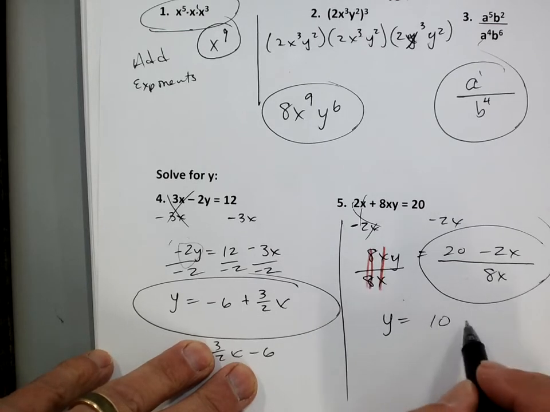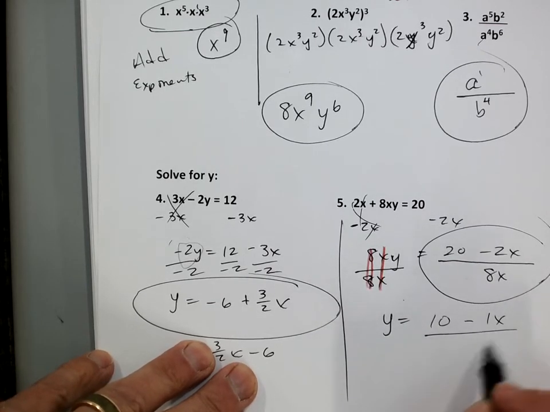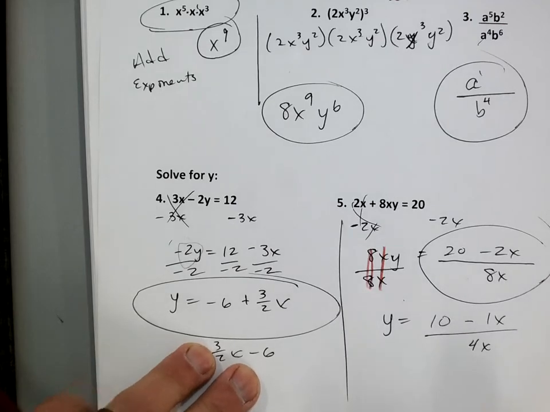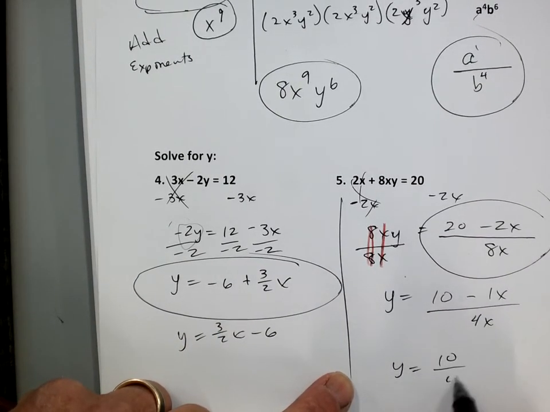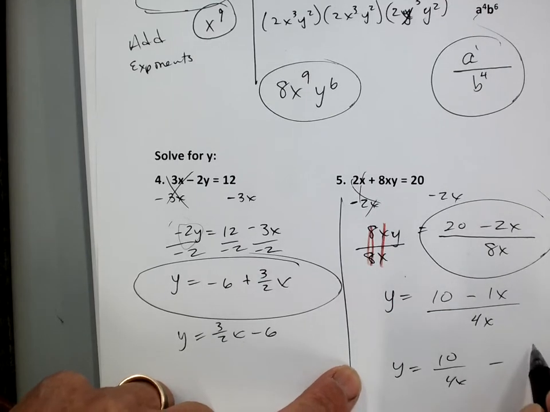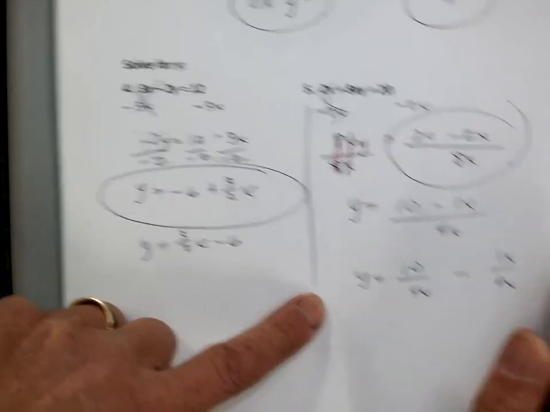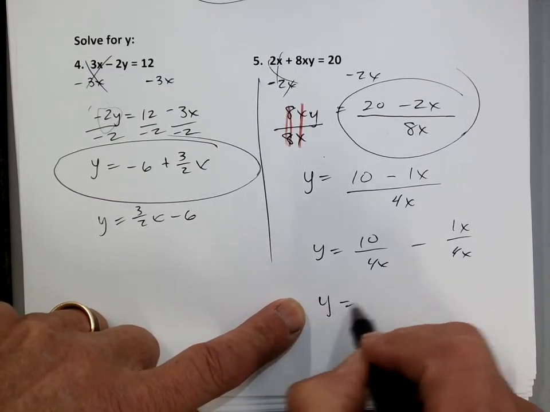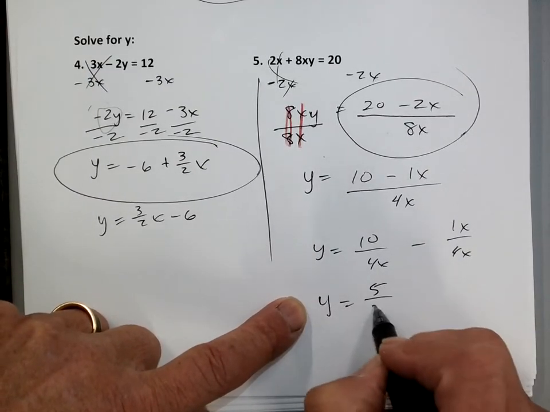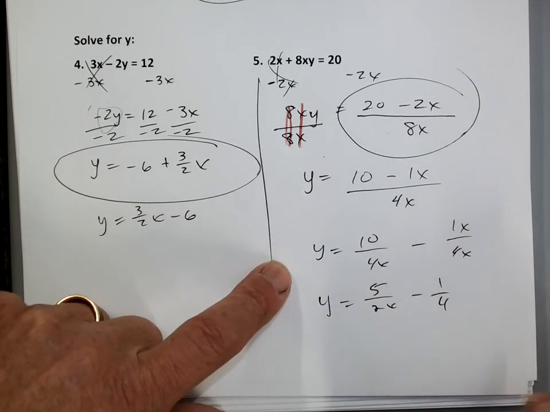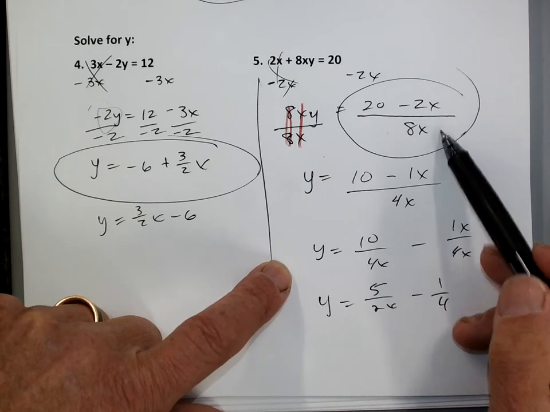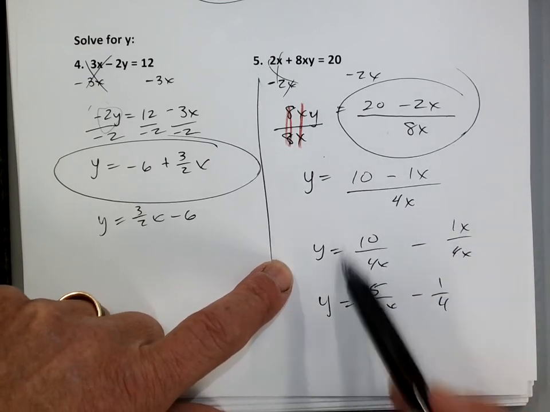I could have it 10 minus 1x over 4x, okay? And that answer is great. I could even make it 10 over 4x minus 1x over 4x, and then if you want to get really fancy, that would reduce to 5 over 2x minus 1/4, okay? You probably like that answer best. That answer is okay. These are other variations.